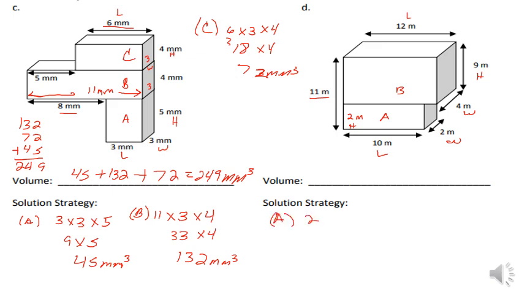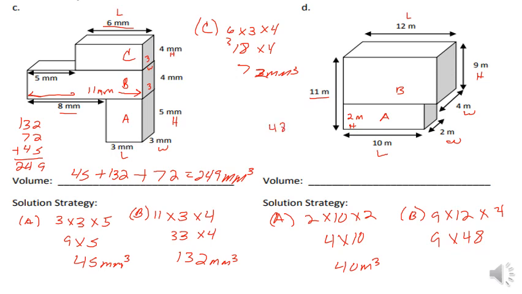Looking at A, I've got 2 times 10 times 2, which gives me 4 times 10, which gives me 40 meters cubed. For B, I have 9 times 12 times 4, and it gives me 9 times 48.